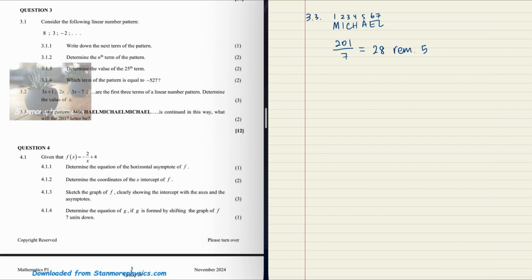So what this means is I'm going to have 28 full Michaels, and then I'm going to have M-I-C-H-A. So 1, 2, 3, 4, 5. Remainder 5 means that the letter is going to be an A. The 201st letter is going to be A.